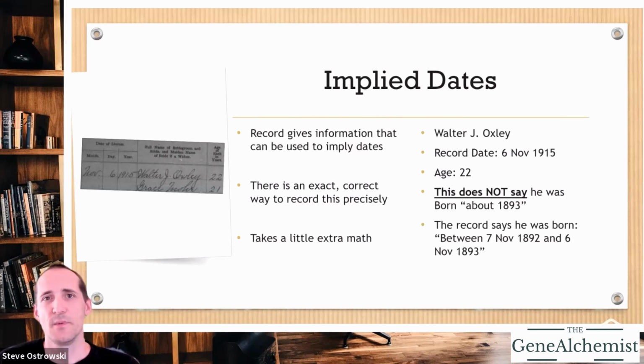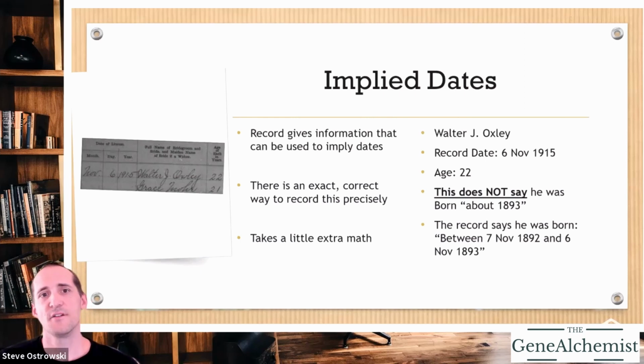It does take a little bit extra math, but there are tools that we can use to do that math for us, or I find it kind of fun in a way to keep my mind engaged to do this mentally as well. In this record, we see a marriage record between Walter Oxley and Grace Moore. The record date is the 6th of November, 1915. So that is a key date. That's the date we're given. And Walter's age is given as 22 years old on this document.